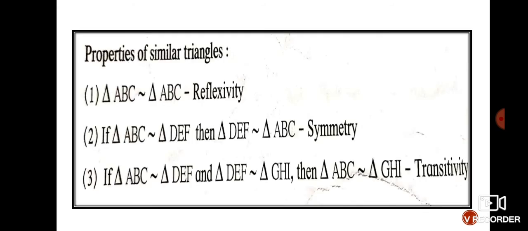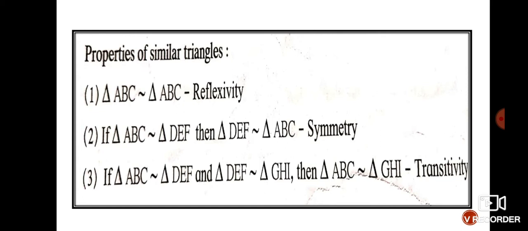Now let us go to the next part, that is properties of similar triangles. If triangle ABC is similar to triangle ABC, it's known as reflexivity. If triangle ABC is similar to triangle DEF, then triangle DEF is similar to triangle ABC.